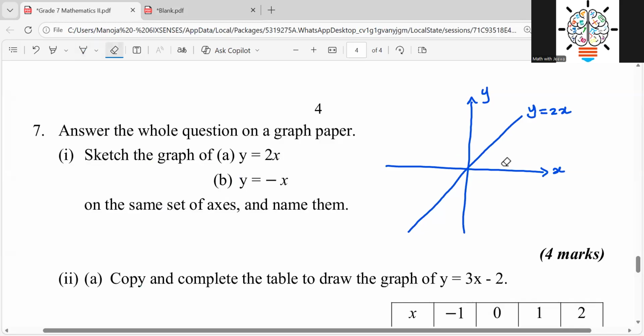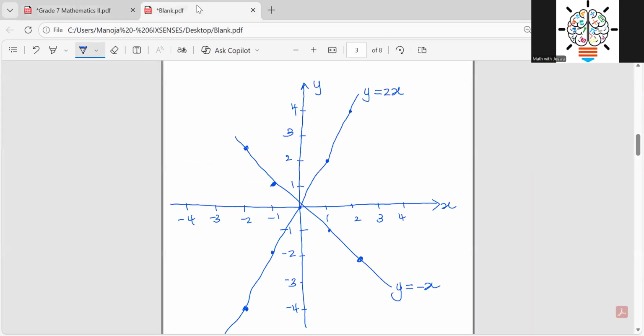Actually it cannot be exactly the same, so then I just write y equal to -x, something like this, right? So this is what I drew.